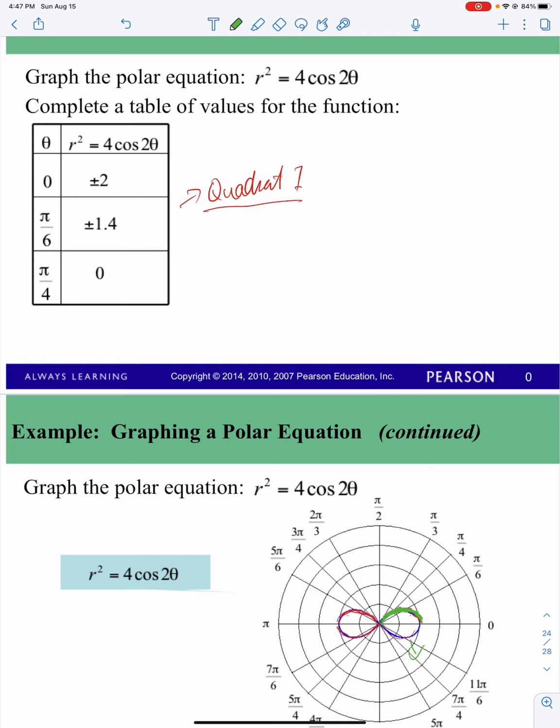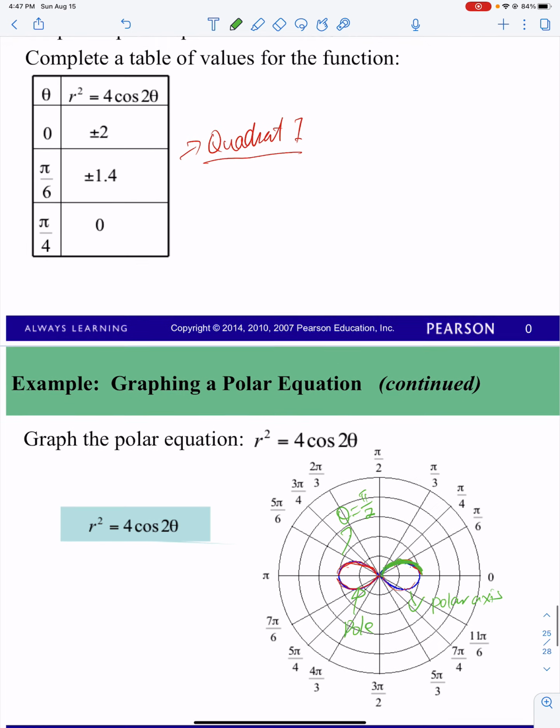For this one it is polar axis symmetry, this one is theta equal to pi over 2 axis, and this one is symmetric to the pole. So you can draw the rest of them.